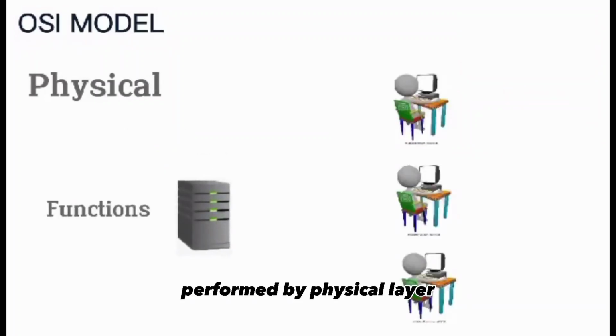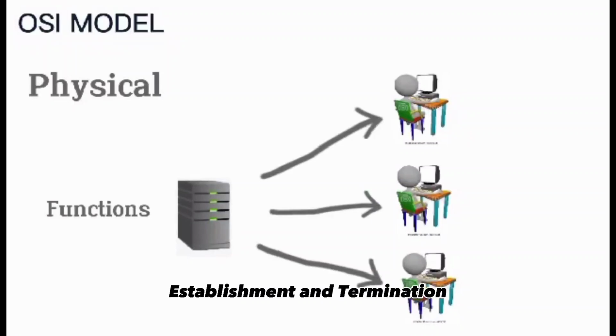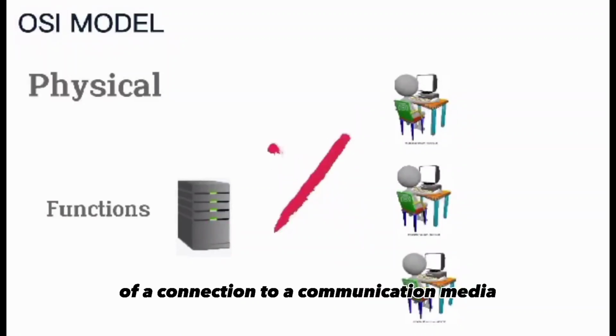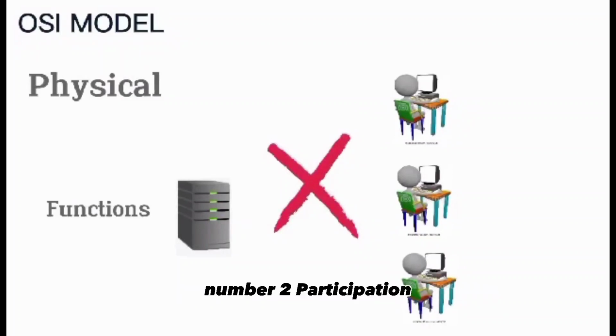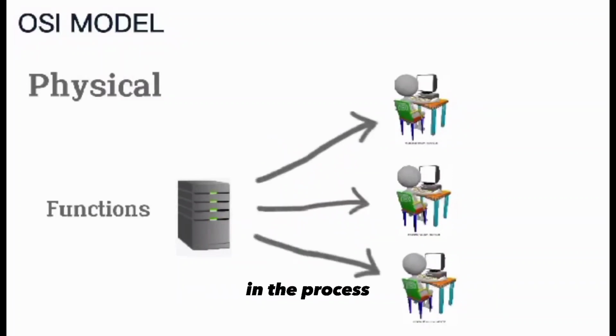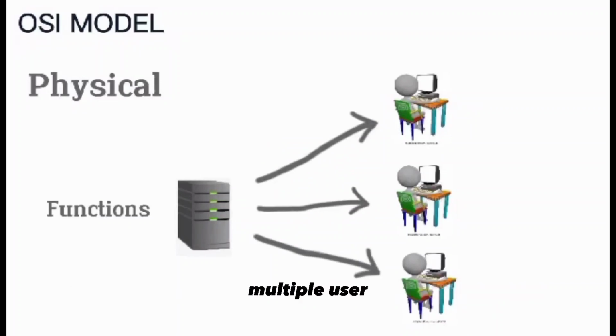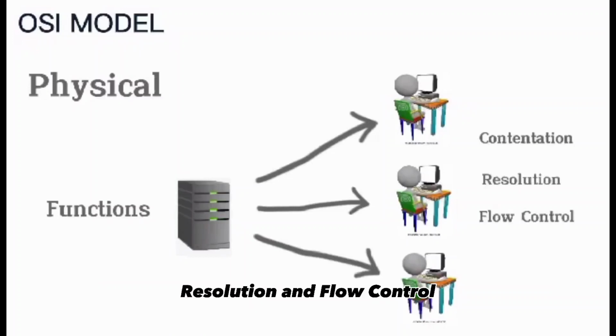The major functions and services performed by the physical layer are: number 1, establishment and termination of a connection to a communication medium. Number 2, participation in a process whereby the communication resources are effectively shared among multiple users, for example contention resolution and flow control.